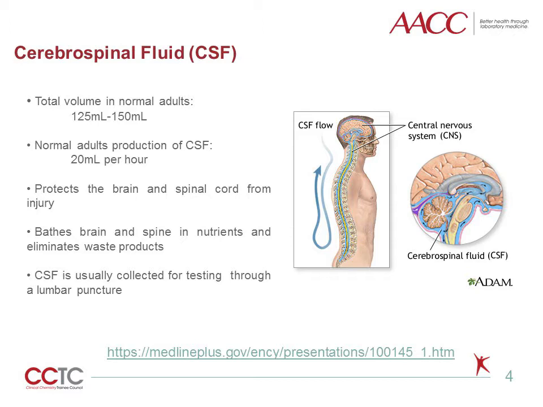In a normal adult, the CSF volume is 125 to 150 ml. Normal adults produce 20 ml of CSF per hour. The primary function of CSF is to protect the brain and the spinal cord from injury by acting as a fluid cushion.